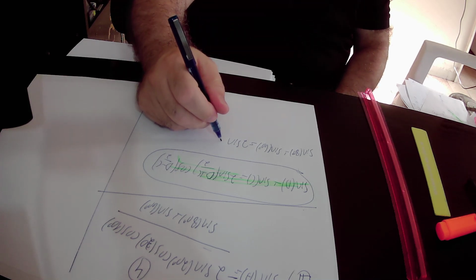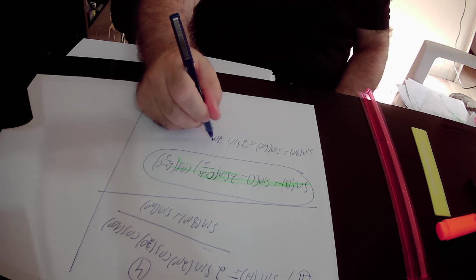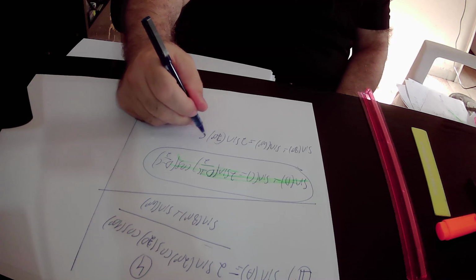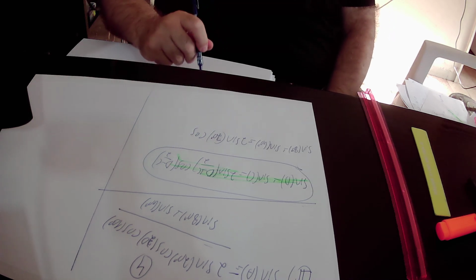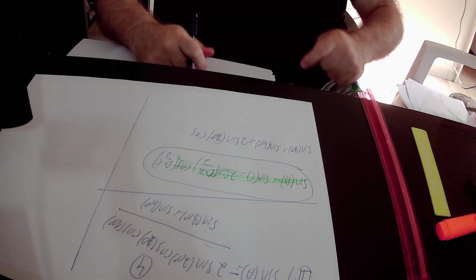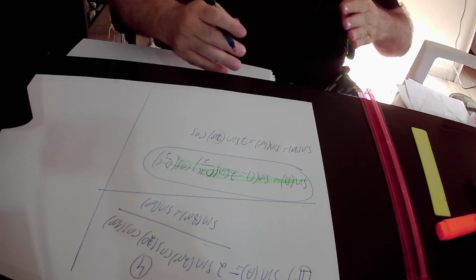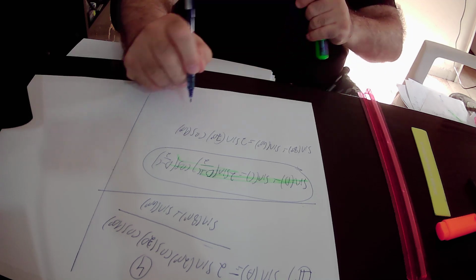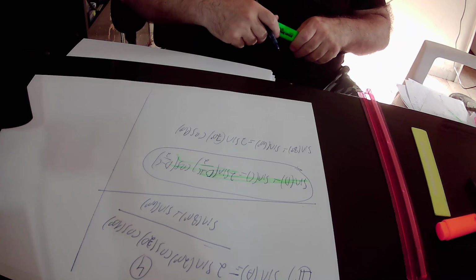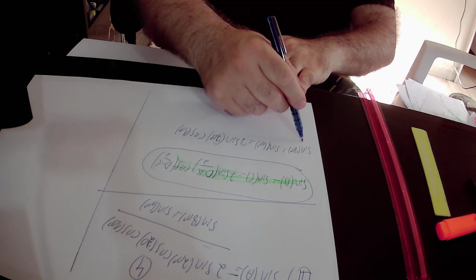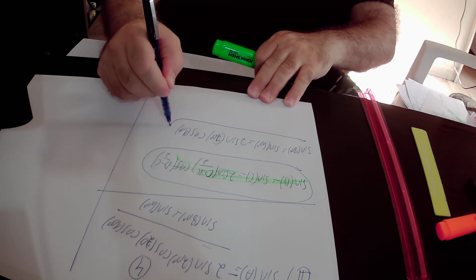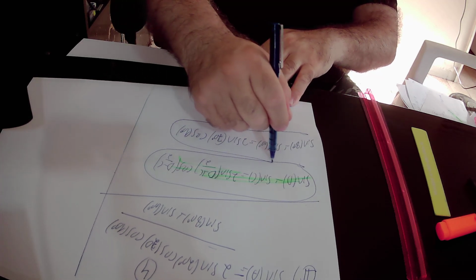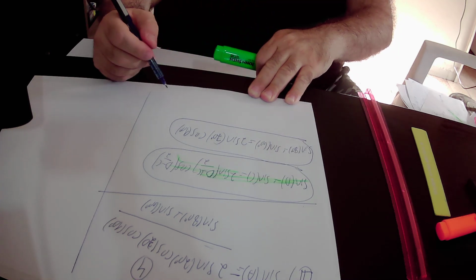So it is 2 times sine 70 degrees times cosine of D minus C, which is 80 minus 60, that is 20 degrees, and 20 over 2 is 10 degrees. So in conclusion, sine 80 degrees plus sine 60 degrees equals 2 times sine 70 degrees times cosine 10 degrees.